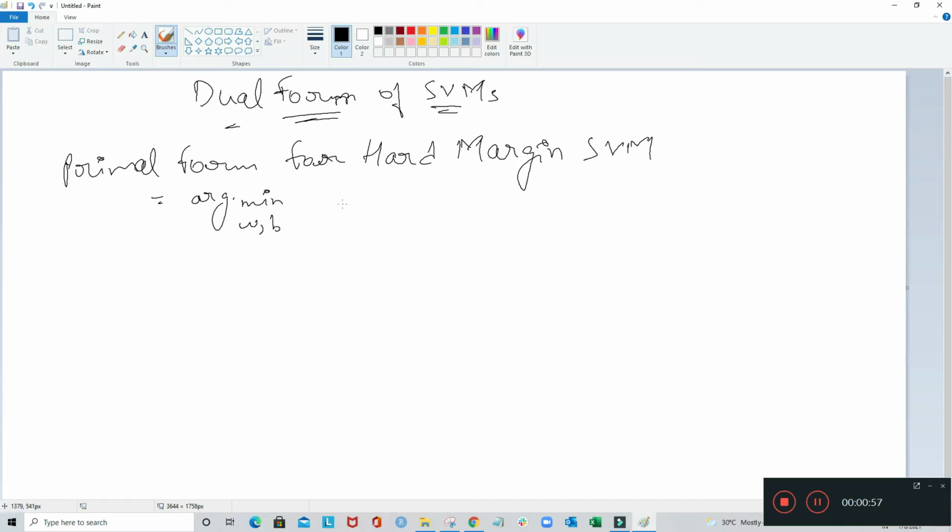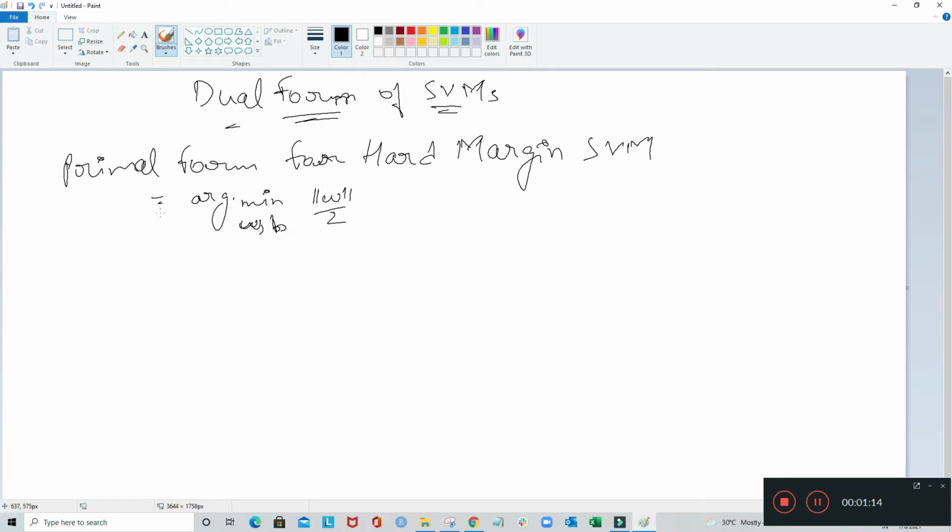We have to minimize this part for some values of W and B. That is our hard margin SVM, or the primal form.